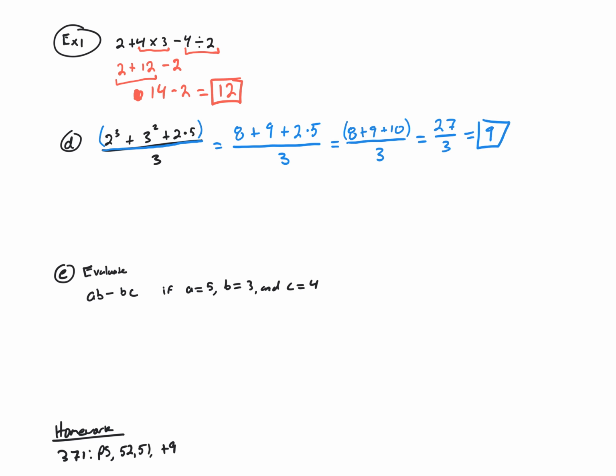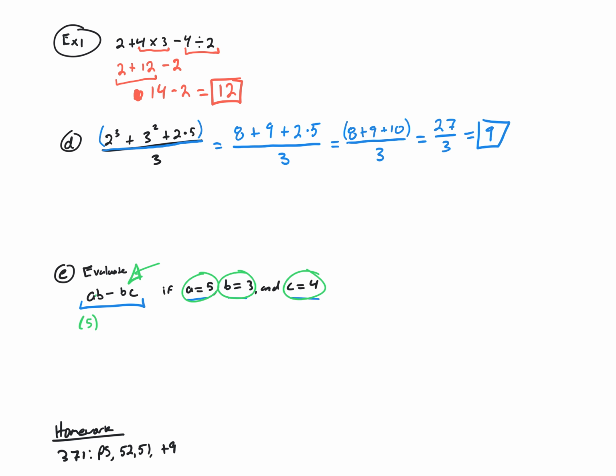Now, E from your practice set is a little bit different, but still the same basic idea. It says evaluate this expression if A is this, B is this, and C is this. So what it wants me to do is plug in these numbers that I have over here into that equation. So A is 5, so I'm going to say 5 times B, right?